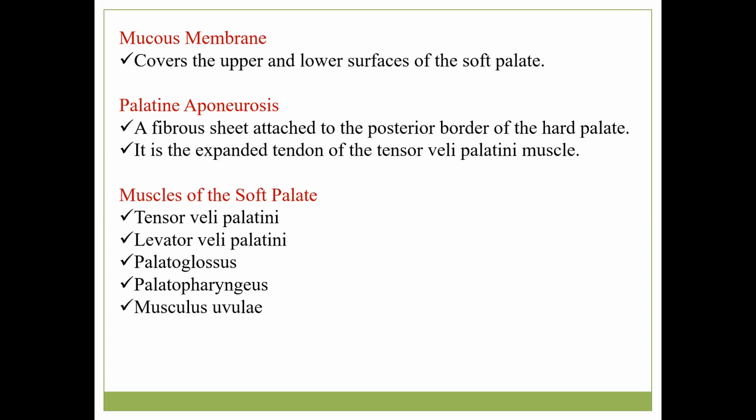So it is formed by the tendon of the tensor veli palatini muscle. And there are 5 muscles which form the soft palate. Tensor veli palatini, levator veli palatini, palatoglossus, palatopharyngeus and musculus uvulae.